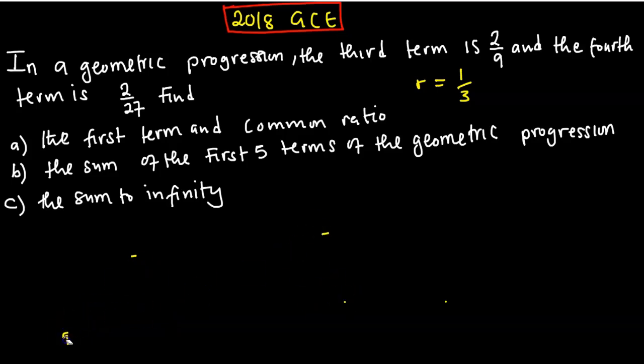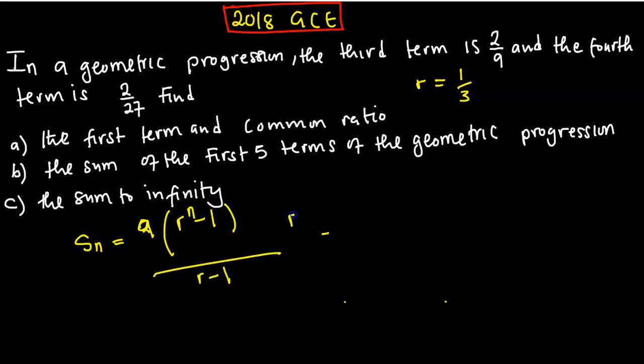The formula you use depends on the value of r. If r is greater than 1, you're going to use the sum of the nth term Sn equals a times (r to the power n minus 1) divided by (r minus 1). This is when r is greater than 1.